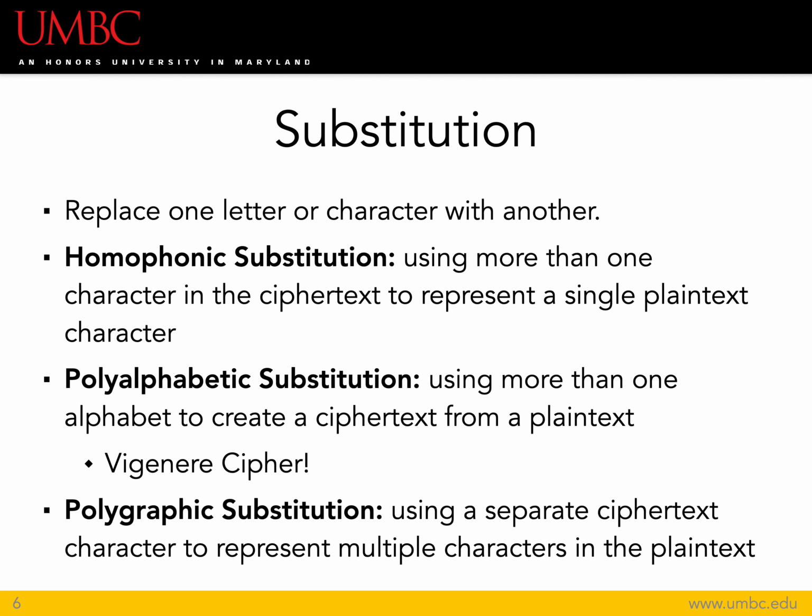But typically, if you're going to be using homophonic substitution, you will also have polygraphic substitution as a part of the cipher down the road, so that the additional character you have in the ciphertext from this homophonic substitution is actually eaten up by having a separate character in the plain text eliminated by representing more than one character by one ciphertext character.